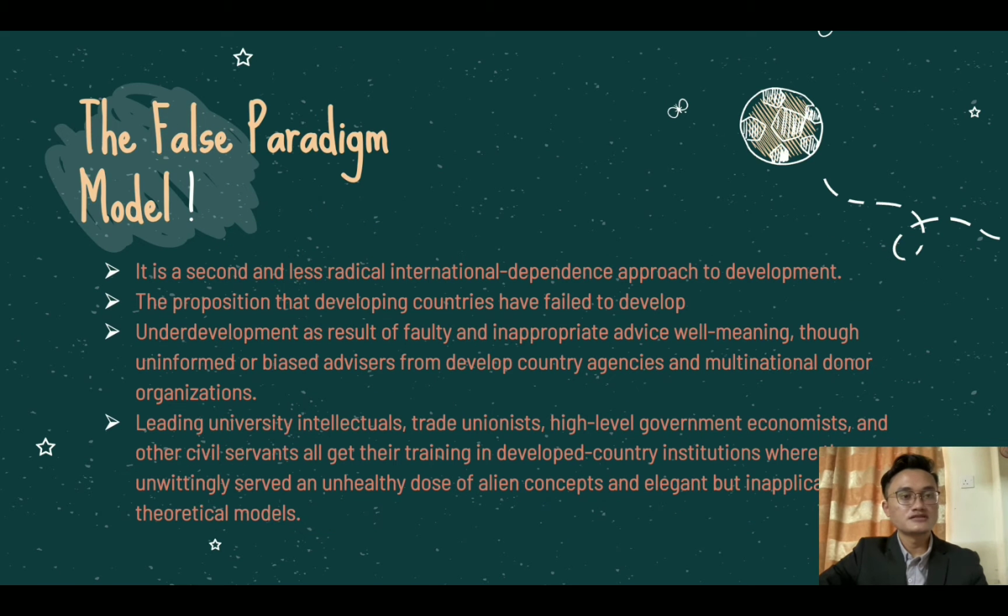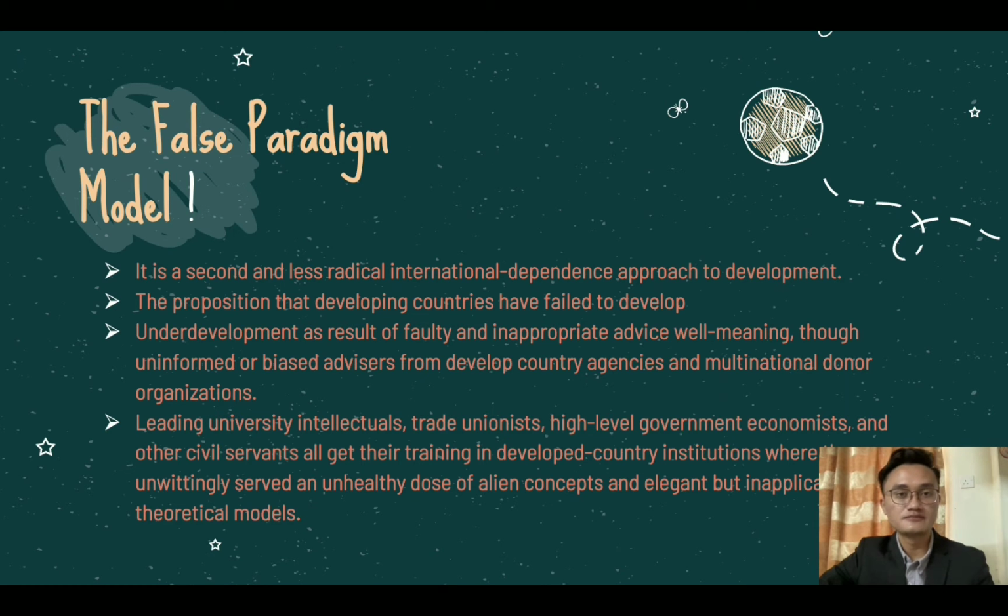And the second one is the false paradigm model. It is a second and less radical international dependence approach to development economics. The proposition is that developing countries have failed to develop as a result of faulty and inappropriate advice, well-meaning though uninformed or biased, from developed country agencies and multinational donor organizations.